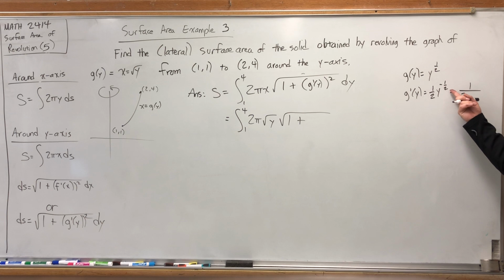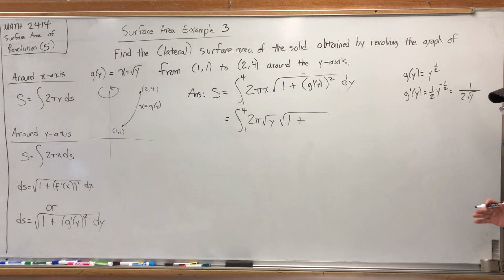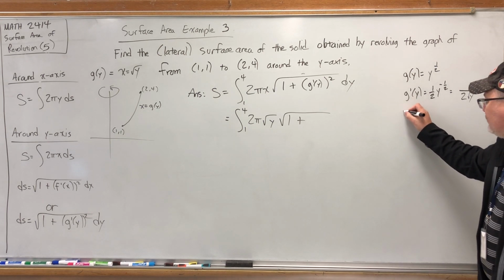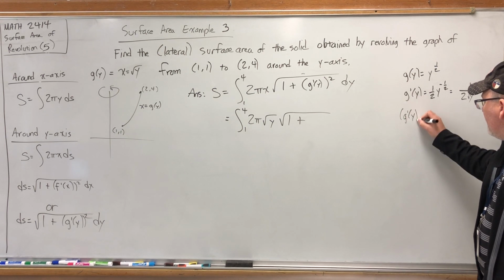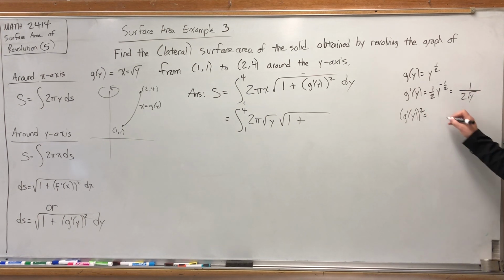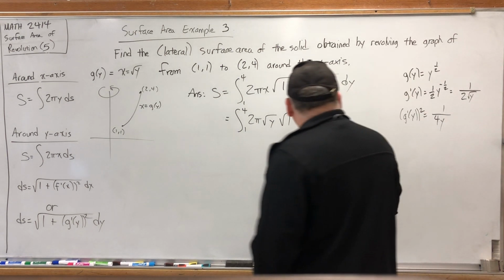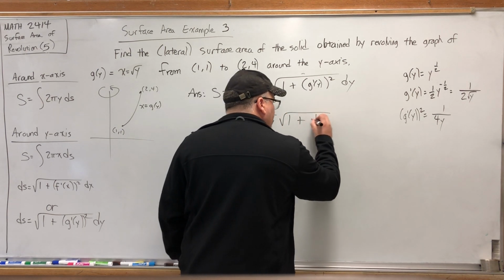The y to the negative 1/2 would go downstairs, become y to the positive 1/2, but then become a square root again because I'm going to pause the calculus and do some more algebra. I have to square this, which is easy now because I can just square all of it. 1 squared is 1, 2 squared is 4, and the square root of y squared is y. So that's what the square of the derivative is.